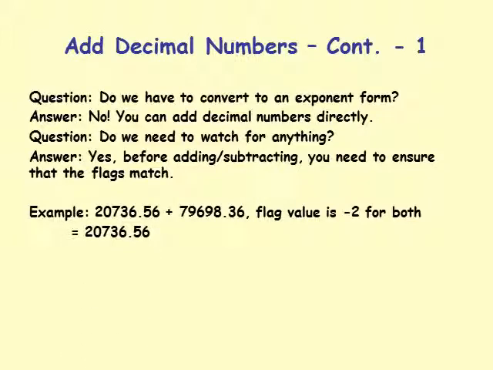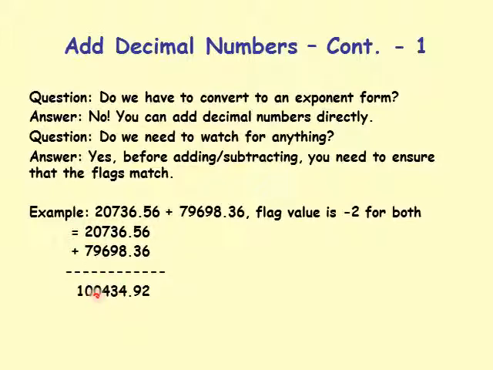Now we can just add them up. 20736.56 plus 79698.36. So 56 plus 36 is 92, 36 plus 98 is 134, 7 plus 6 is 13, 14. So we have 79 plus 20 is 99 plus a carry, 100.